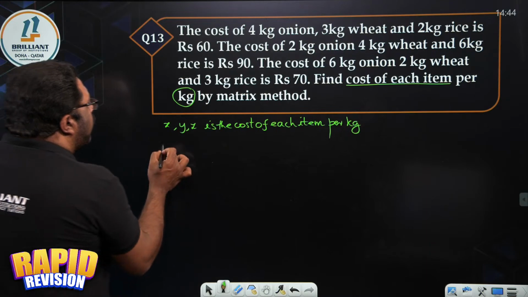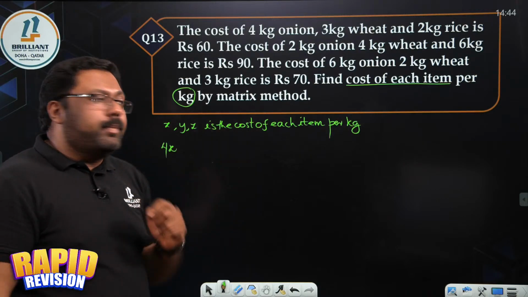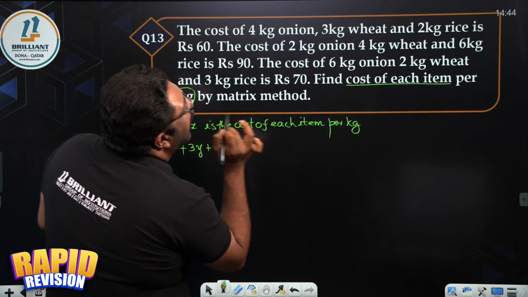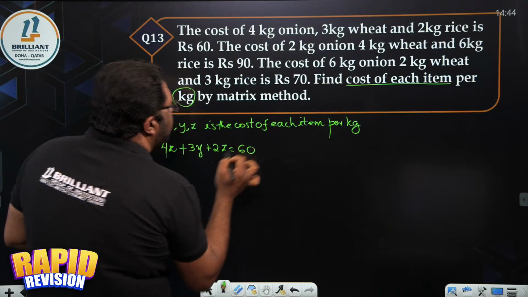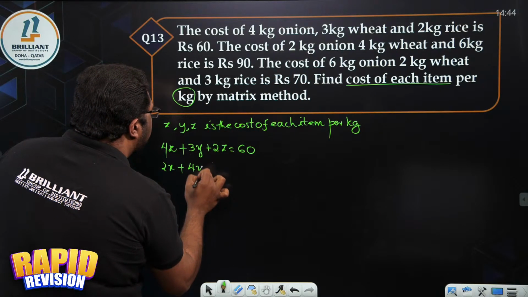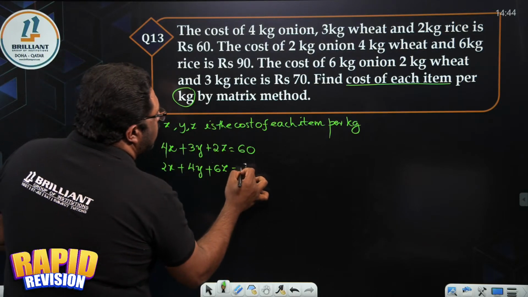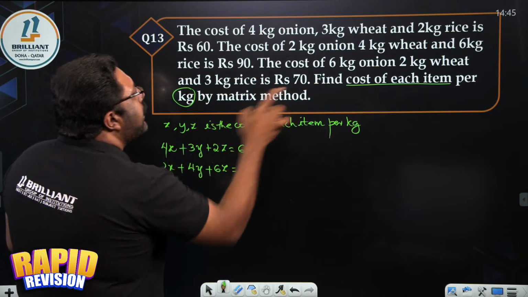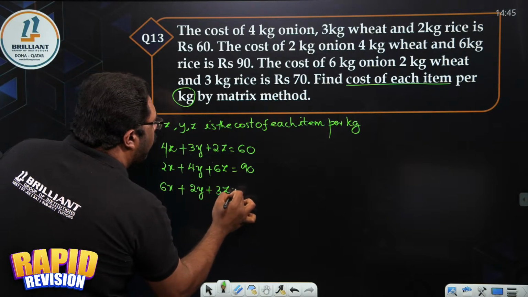So I have 4 kilograms of onion. So 4x will be the cost of 4 kilograms onion and 3 kilograms of wheat and 2 kilograms of rice. Total cost is 60. 2 kilograms onion, 4 kilograms wheat, 6 kilograms of rice is 90 rupees. 6 kilograms of onion, 2 kilograms of wheat and 3 kilograms of rice.